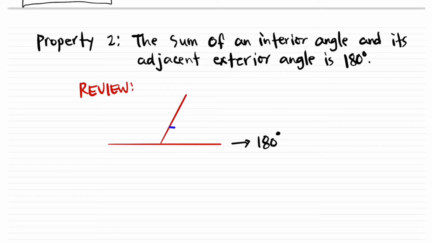So therefore the angle here and the angle here, if this is 2 and this is 1, they are in a straight line.